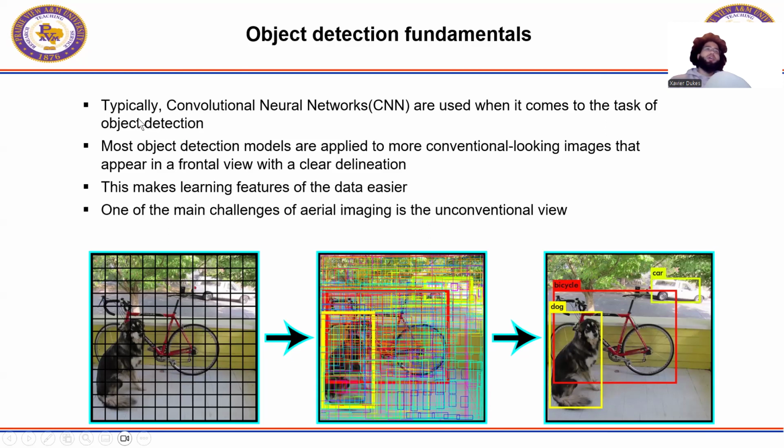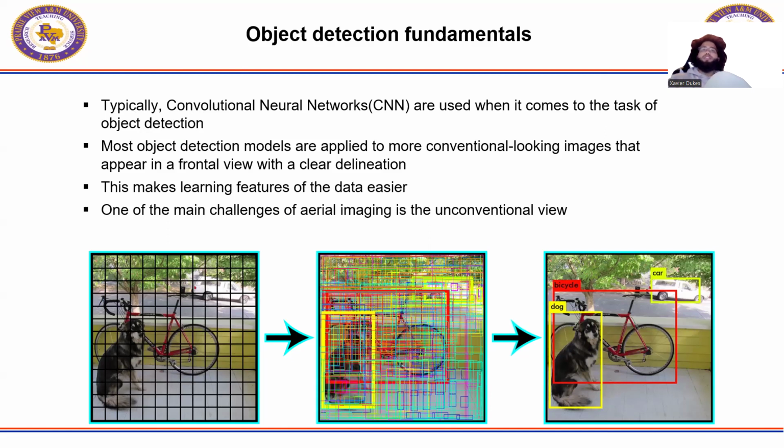Typically, CNNs or convolutional neural networks are used when it comes to the task of object detection. Most object detection models are applied to more conventional looking images, which we'll get into a little bit later, that appear in a very frontal view.